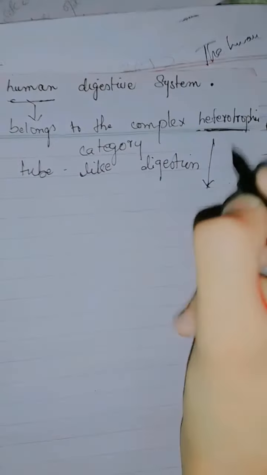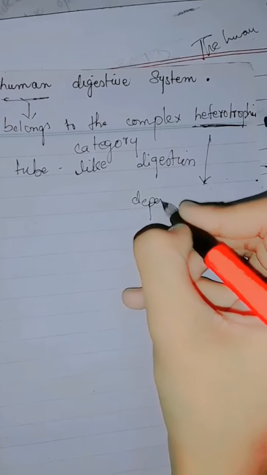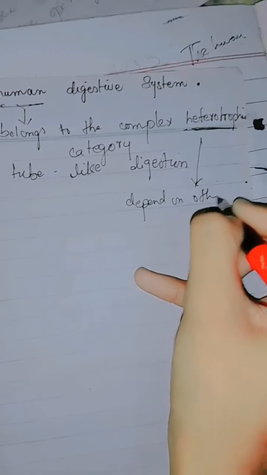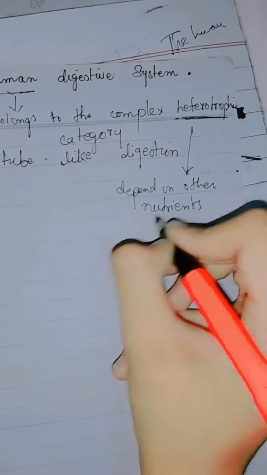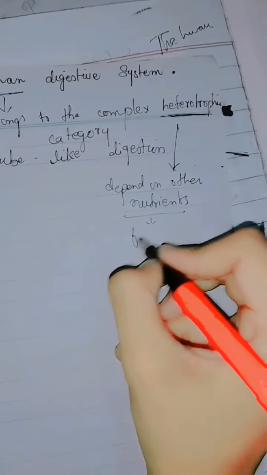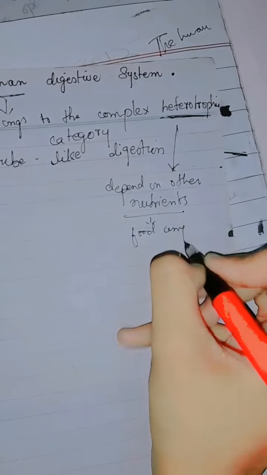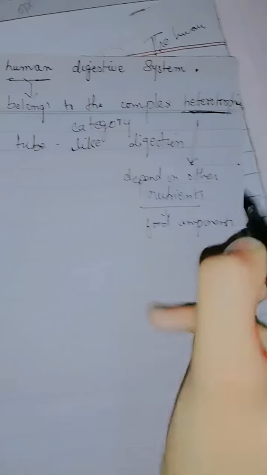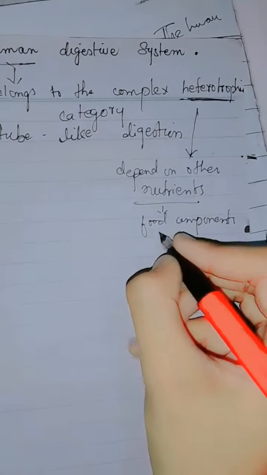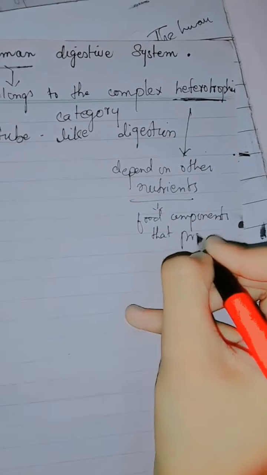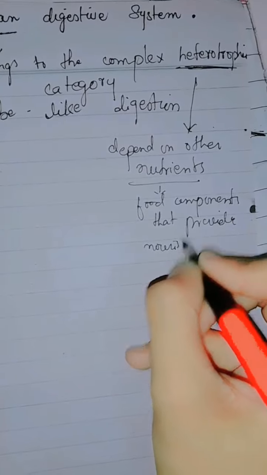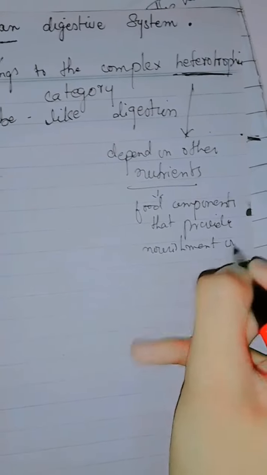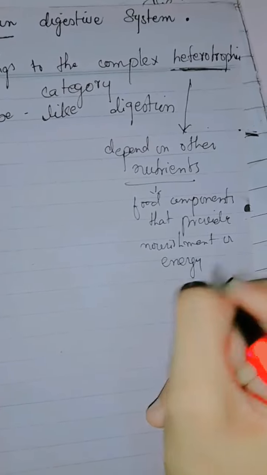We are depending on other nutrients. Nutrients are basically the food components or food molecules that provide nourishment or energy to the body.